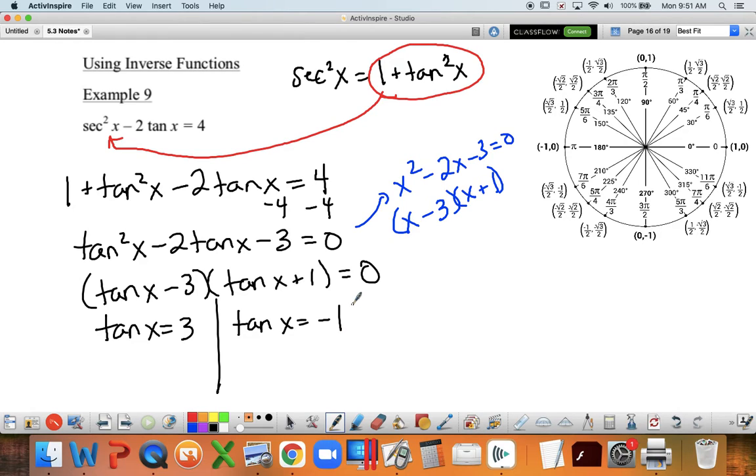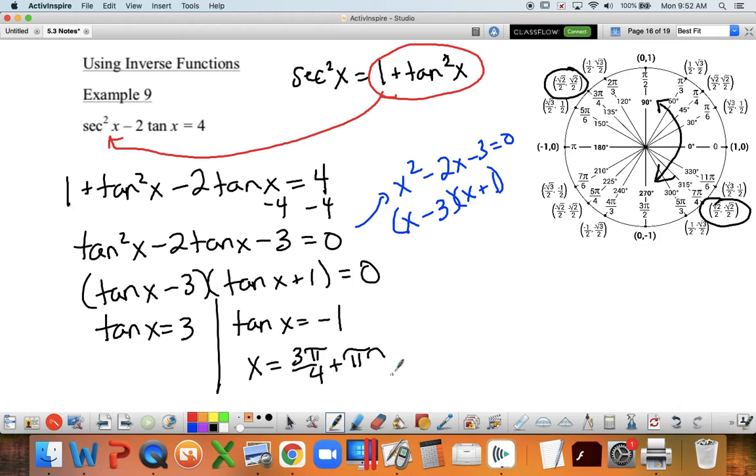All right, so the tangent of x equaling negative 1, remember tan is sine divided by cosine, so we've got negative 1 up here and down here. So I can cover that by saying 3 pi over 4 plus pi n. The problem is tangent is not 3, remember, inverse tangent is here and here.